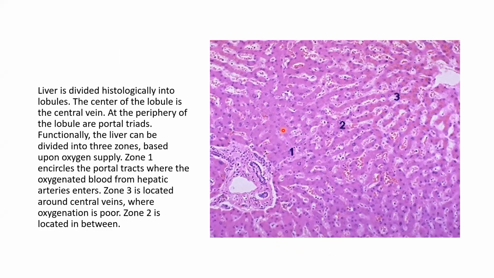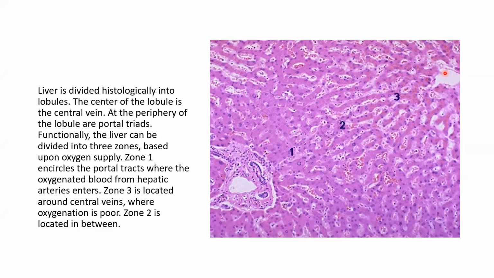Under the microscope, this is the normal histology of the liver. And if you remember, we divided the liver into zones according to the level of oxygenation. So this is the portal tract. It has a bile duct, a branch of a portal vein and a hepatic artery, not very clear here.